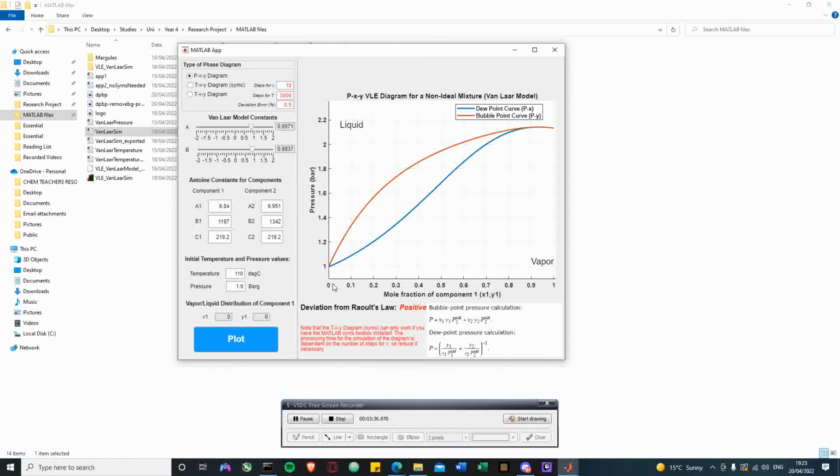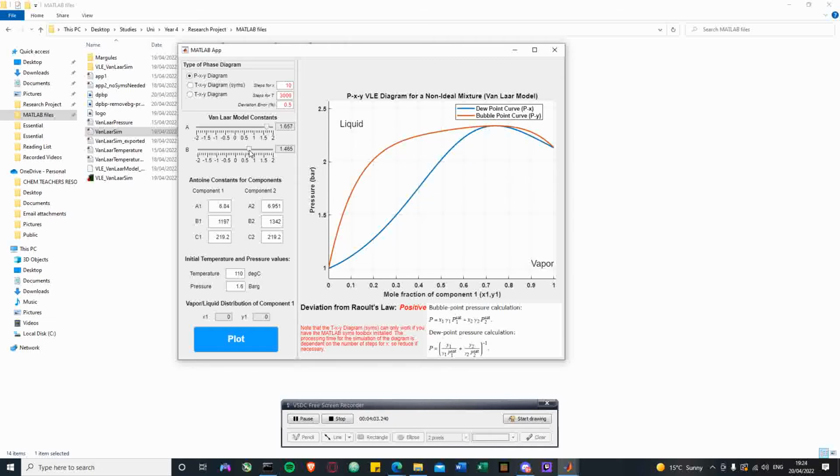Here we're plotting different values between 0 and 1 for x1. Since P1 sat and P2 sat stay constant, the only variables that change are gamma 1 and gamma 2, x1 and x2. Since these can be very easily calculated, the diagram is very quickly simulated.